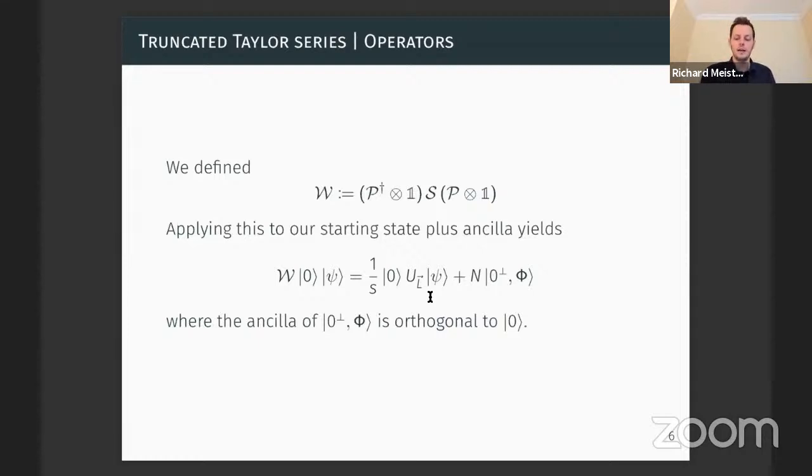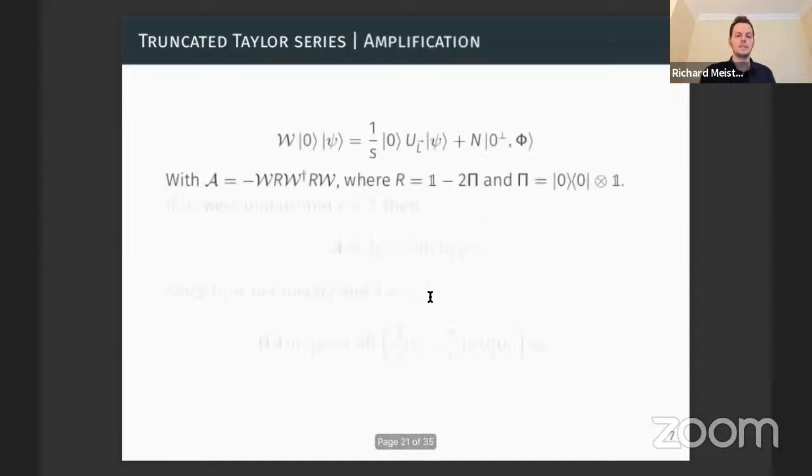Fortunately, there is a way around this, which was also introduced by Barry and colleagues, which they call oblivious amplitude amplification. And it works very similar to regular amplitude amplification, but instead of reflecting about the initial state, we only need to reflect about the ancilla 0 state, because we know this property is true: what we want has ancilla 0, what we don't want does not have ancilla 0.